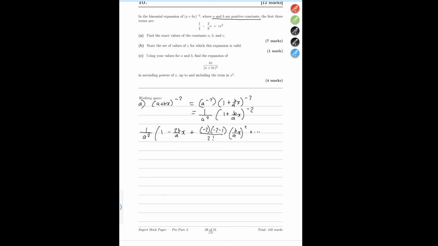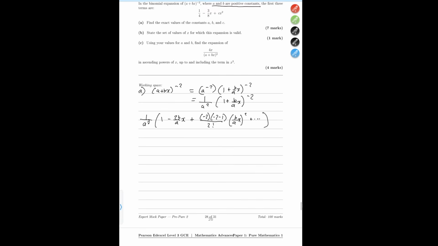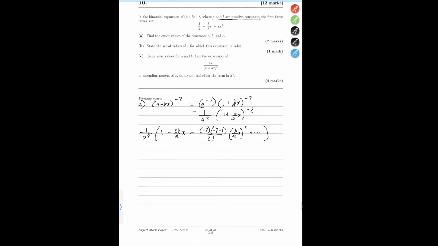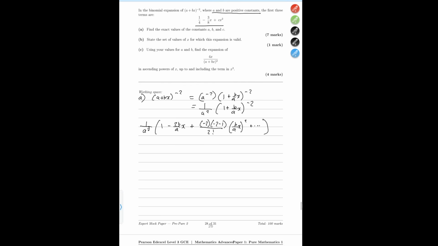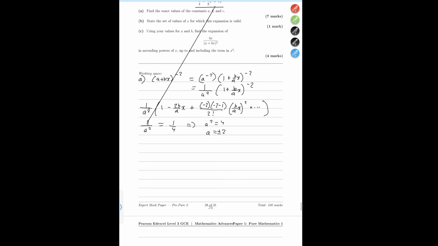And it will go on, but we're only concerned with the first three terms for now. So we can see here, our constant is 1 over 4. And our constant will come by doing 1 over a squared multiplied by 1. So therefore, 1 over a squared must be a quarter. So a squared must be 4. So a is plus or minus 2.